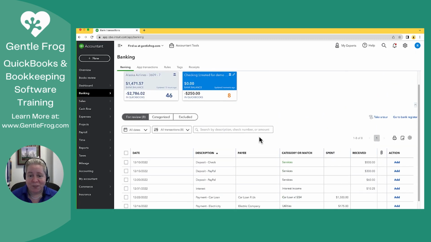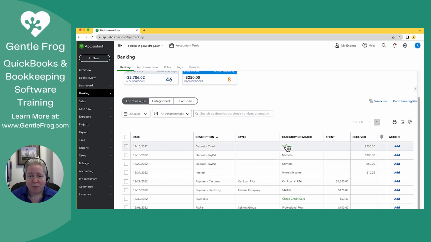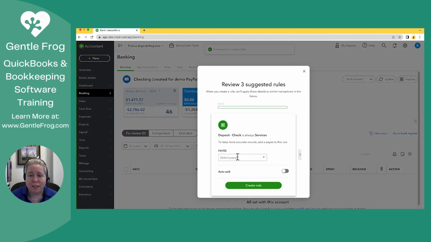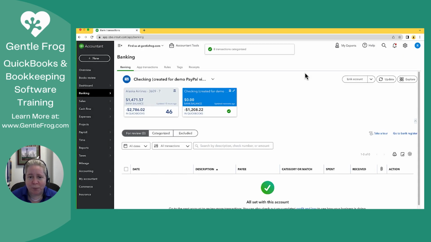All right, so I've got all my transactions queued up. I've picked service income, interest income, applied stuff to the car loan. I'm just going to click on this and say accept. And fantastic, I have everything in my QuickBooks, or so I think.